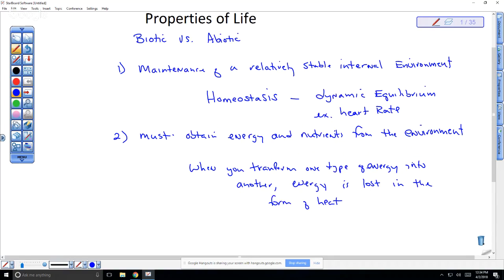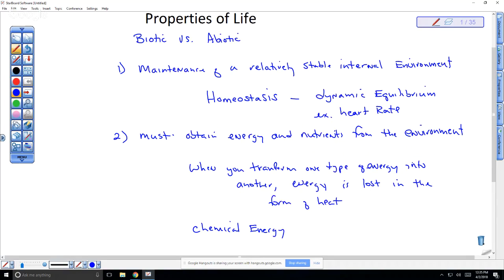When we talk about energy, we could talk about chemical energy, for example. I have to obtain chemical energy from my environment in order to live. That energy is useful in maintaining homeostasis. It also maintains my internal order, right?